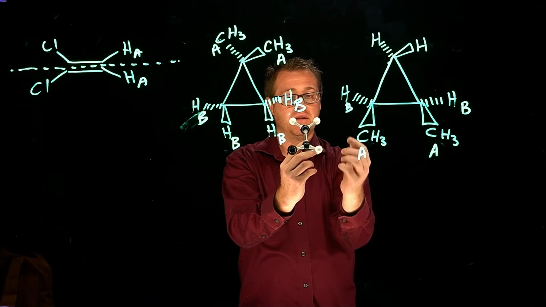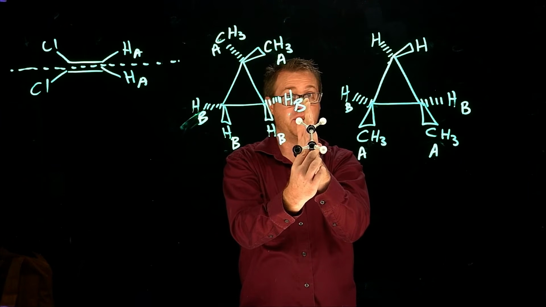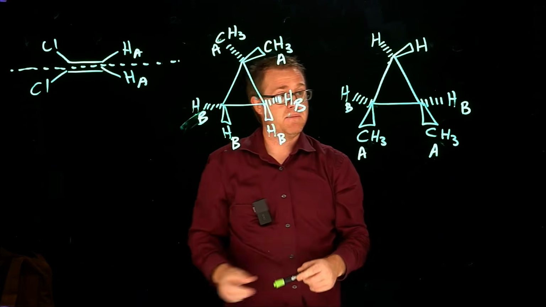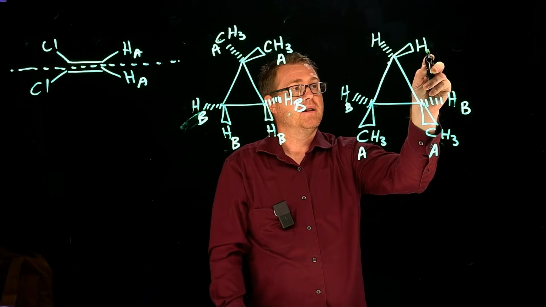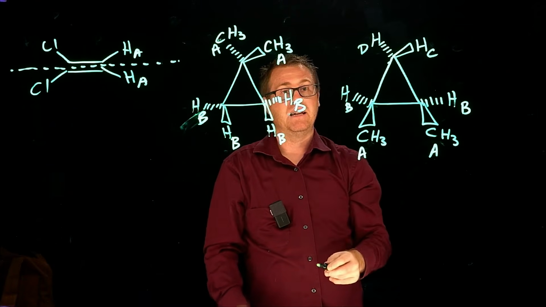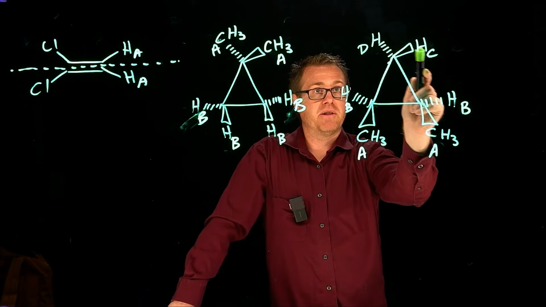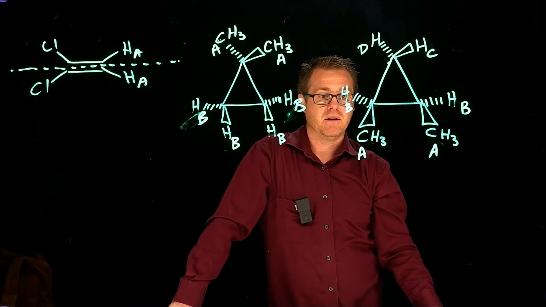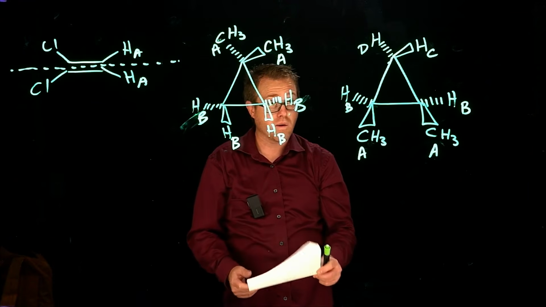Hydrogens on this side and methyl groups on this side. So there's no plane of symmetry. It doesn't matter how you rotate it or look at it, you will not find a plane of symmetry. So those two protons are not equivalent to one another. So that would be C and that would be D. Because you can't find a plane of symmetry, those two protons are diastereotopic to one another. So in this molecule here, you would expect 4 signals.